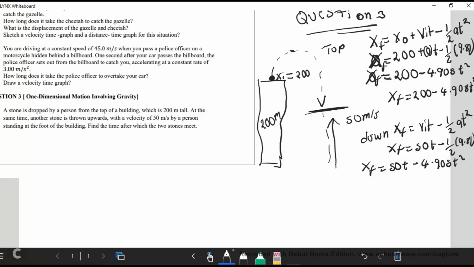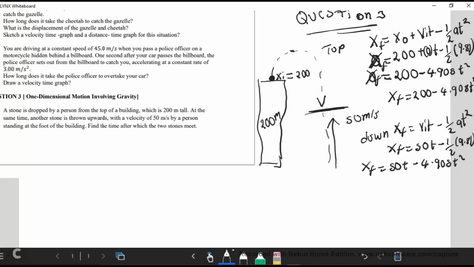So this is the one from the bottom. So the time for the top stone and the time for the bottom stone are supposed to be the same, right?